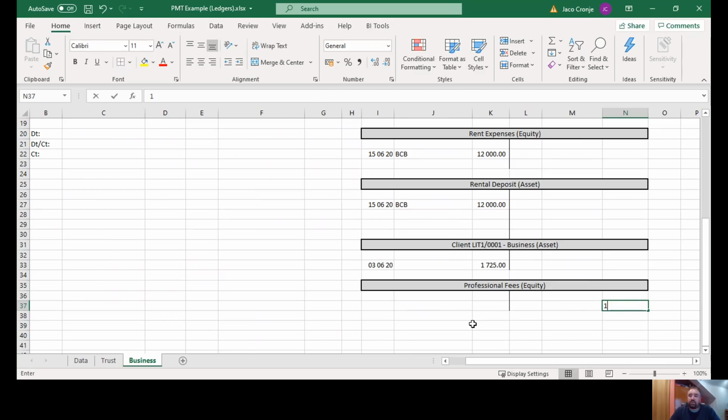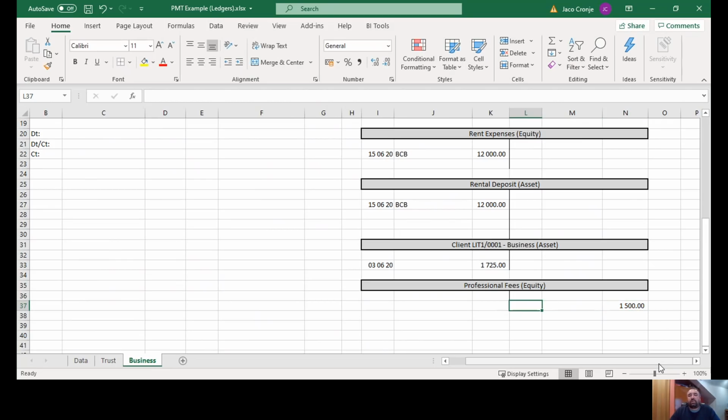Now, can I simply go and put 1,725 there as professional fees? The answer is no. I haven't generated equity of 1,725 because 225 Rand of that must go to SARS for the VAT. So my fee income that I've generated equals that divided by 1.15.